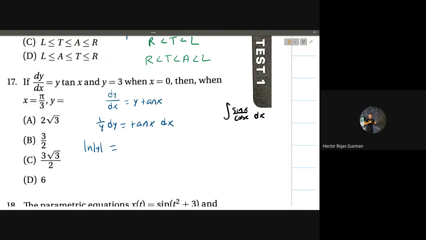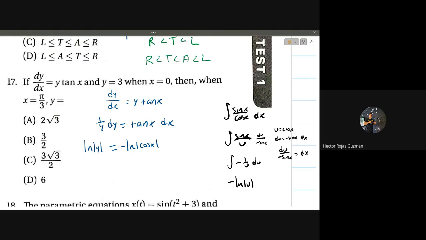So if you did your u substitution using cosine, your du would be negative sine of x dx, which means that dx would be du over negative sine, which really means you're integrating negative 1 over u du, which gives us negative ln of u. So my antiderivative here is negative ln of cosine of x plus c.